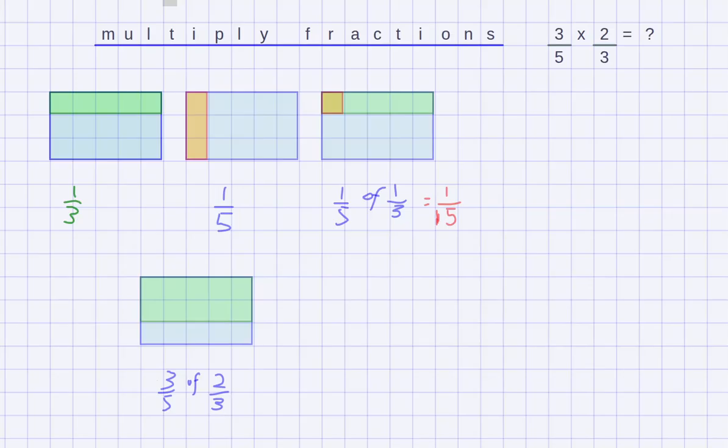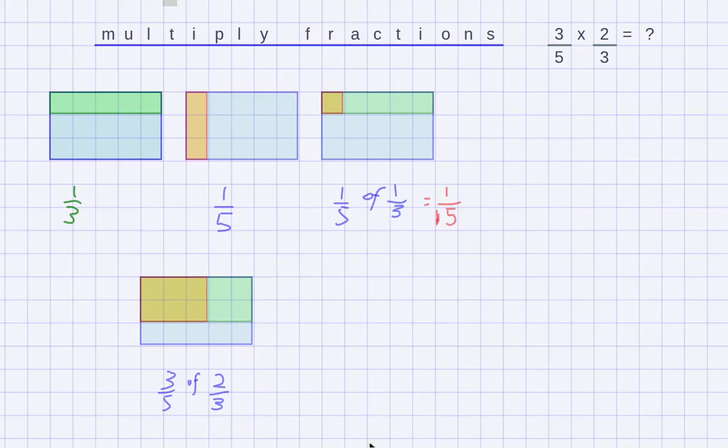So if I draw that as a box, that box there would be 1/5 of the 2/3. That's the 2/3 there. We want 1/5 of that. That box there would be 2/5 of the 2/3. And that box there would be 3/5 of the 2/3, which is what we want. So 3/5 of the 2/3 is that area there in orange.